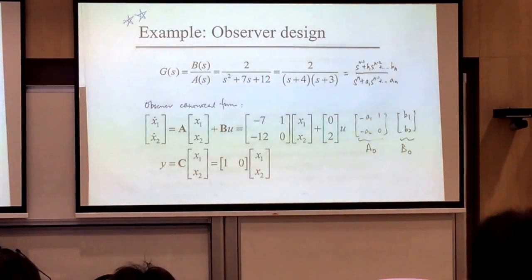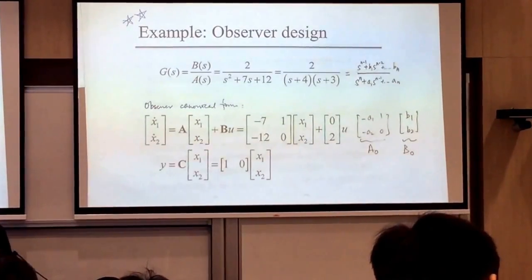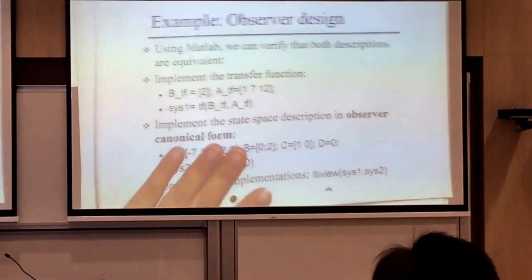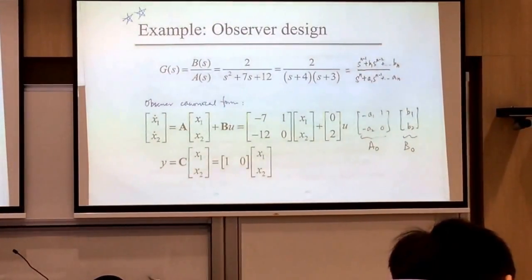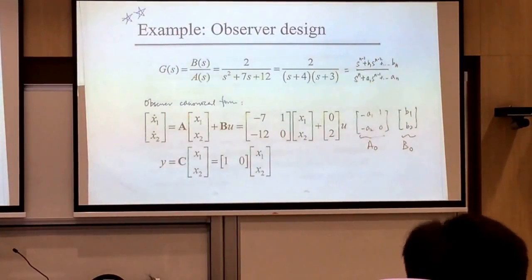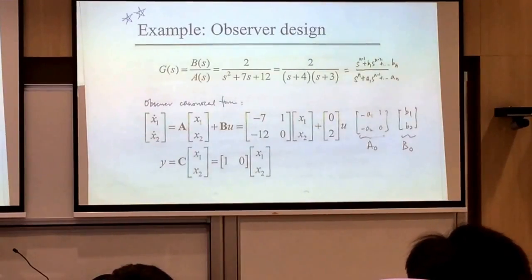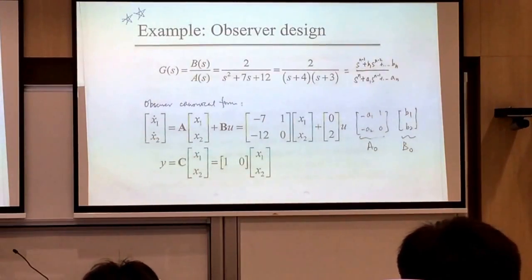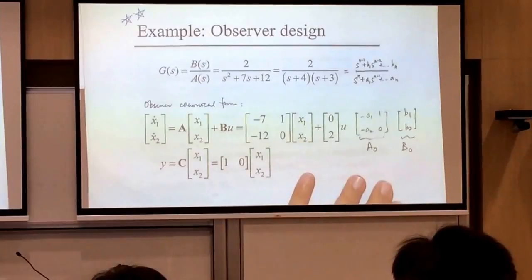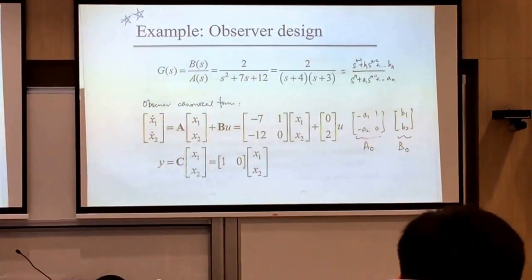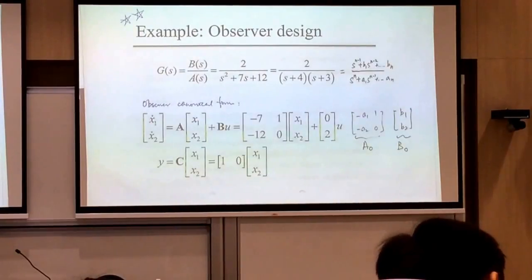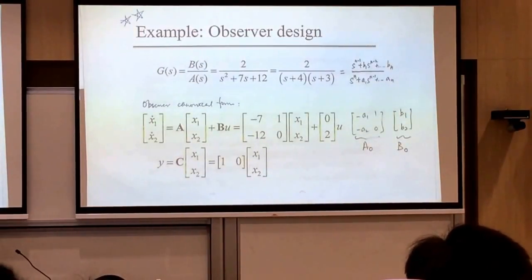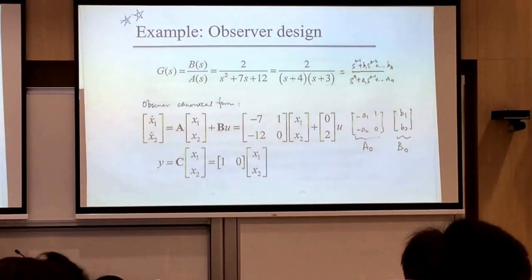Okay, next two pages are just for information. How do you do it? Sorry. Are you done? Yes? Say no. Say no. Okay. 5, 4, 3, 2, 1, 0.